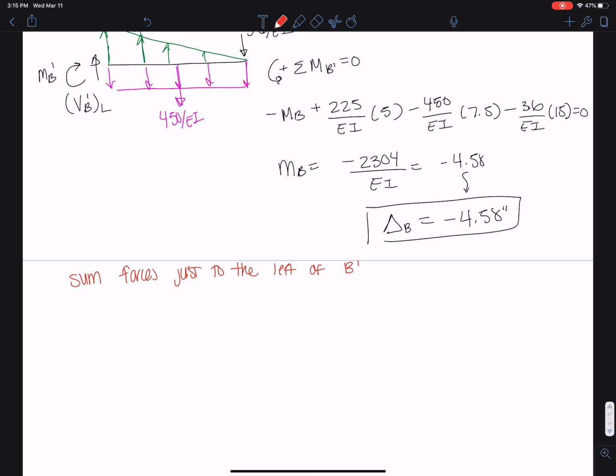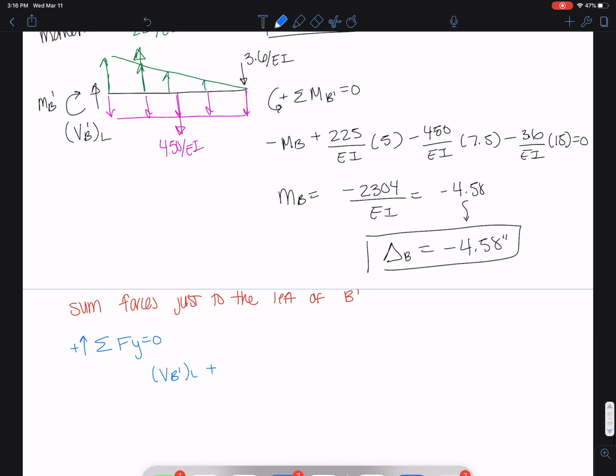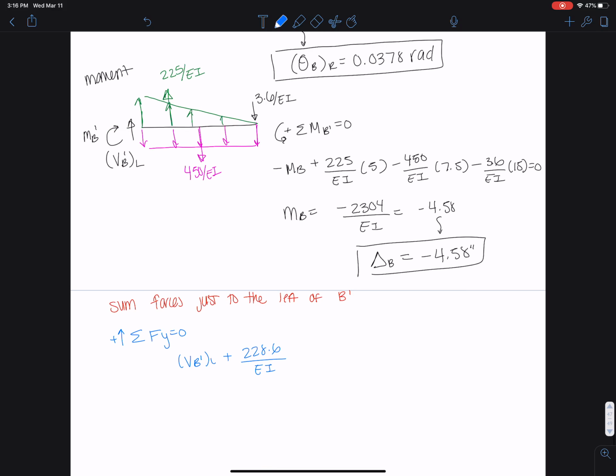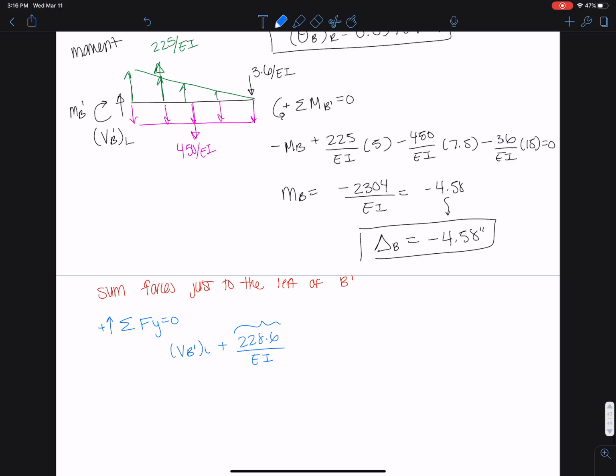And if I do that, I would get this VB prime to the left plus that 228 that I just got from the right here, because now the right gets to be included, right? Let me write this. This is VB prime to the right, okay? This is the only addition here.